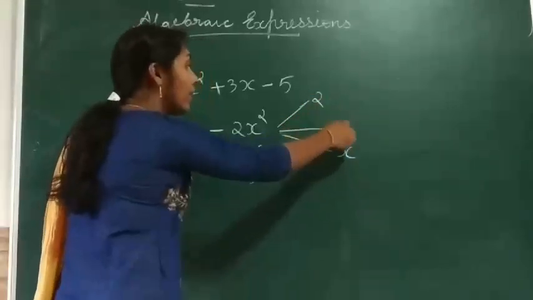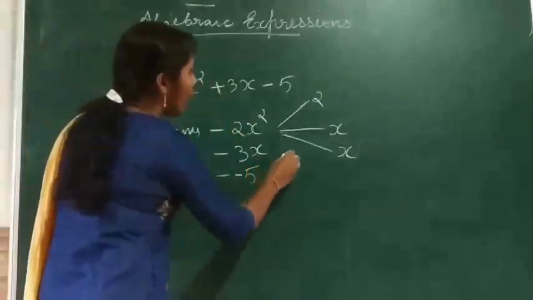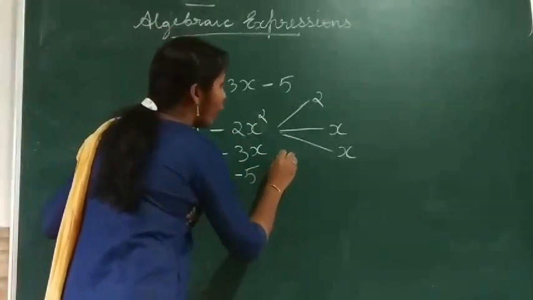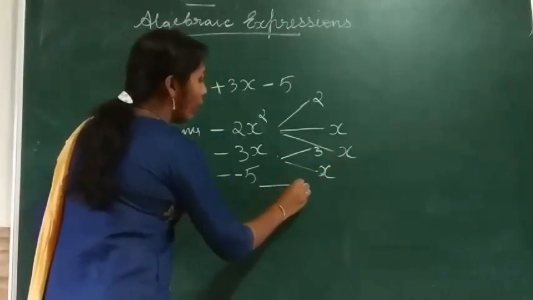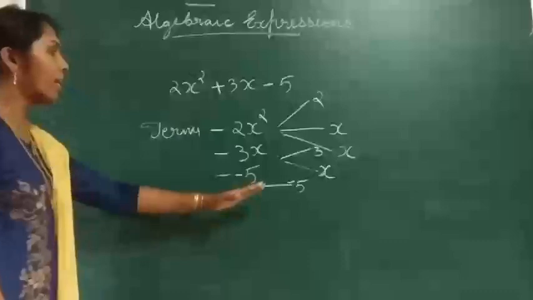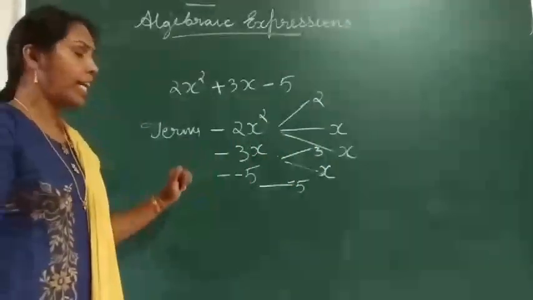So these are the factors of the particular term 2x square. Similarly, we can take out the factors of 3x and minus 5. So these are the factors and these are the terms of the given expression.